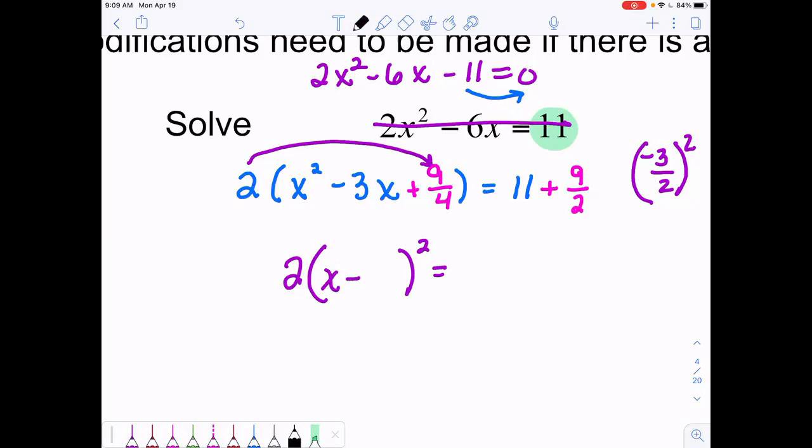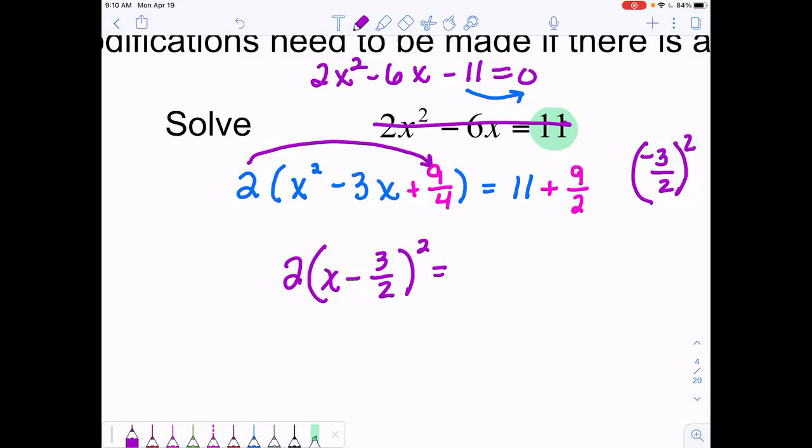So you're taking the square root of the first term, which is just x, the sign in the middle, and then you're taking the square root of the last term, which is 3/2. Nice. So I have x minus 3/2 squared, because if I FOIL this out, I'd go back to x squared, and -3/2 and a -3/2 is a -3. And then again, 3/2 times 3/2 makes 9/4.